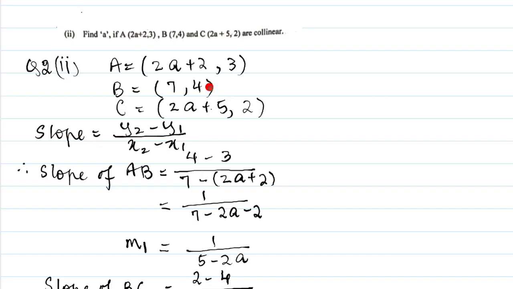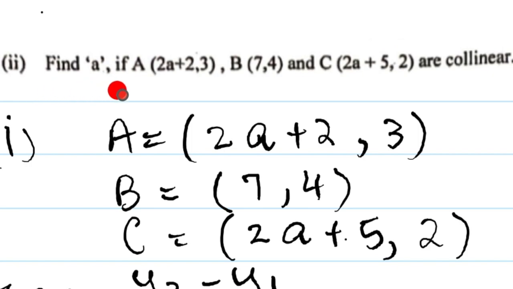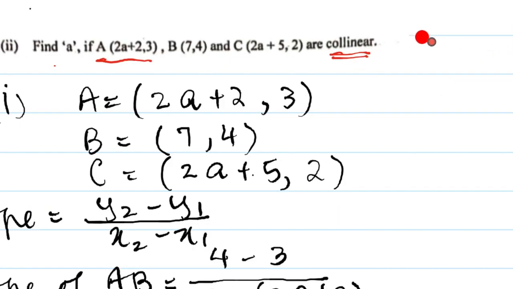Let us come to question 2, second subpart. Find a if A, which is 2a plus 2 comma 3, B 7 comma 4, and C 2a plus 5 comma 2, are collinear. If they are collinear, that means they are going to be in the same straight line. They could be in any order, but remember the slope of BA and slope of AC and slope of BC will all be equal.